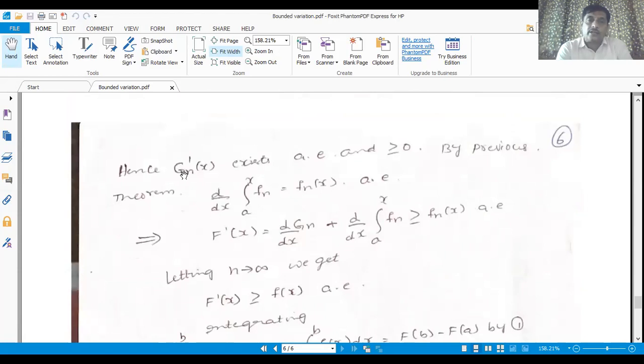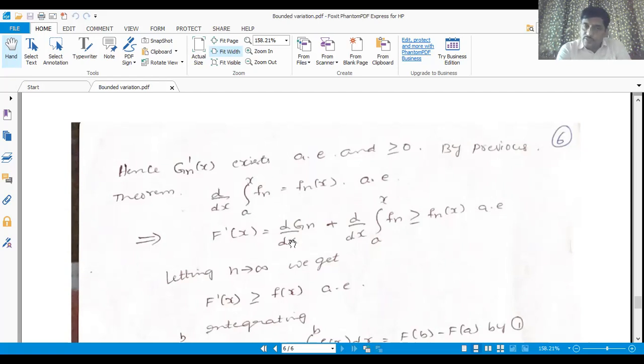So it is monotonic, therefore g_n dash exists almost everywhere and is positive. By using the bounded and measurable function, d by dx of the integral from a to x of f_n(x) is equal to f_n(x) almost everywhere. Then F dash x is equal to d by dx of g_n plus d by dx of the integral from a to x of f_n, and this is greater than or equal to f_n(x) almost everywhere.